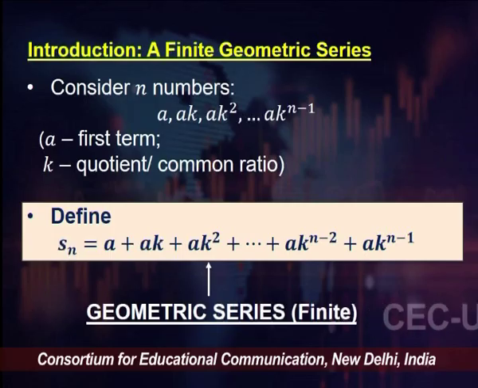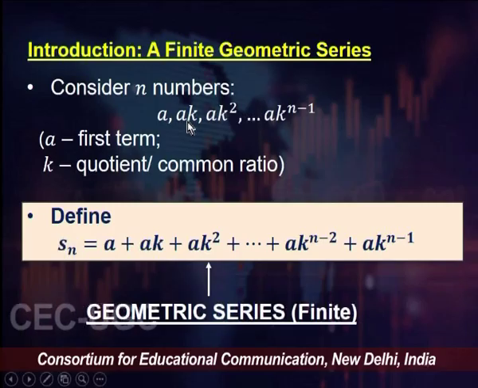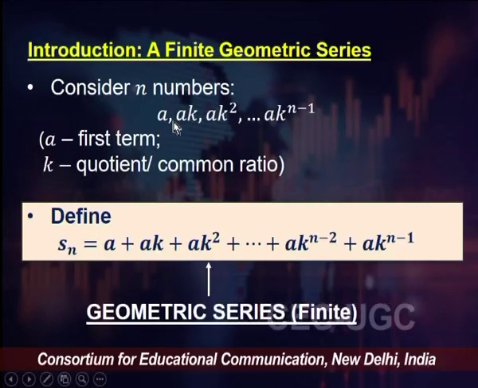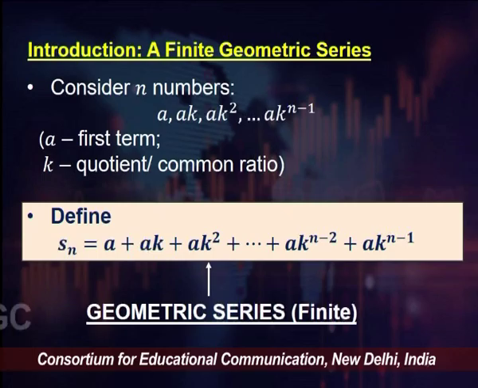So, k is a constant, and if you notice here, if I were to divide any number after the first one by the previous number, then that ratio is going to be a constant, which is k. So, if I take ak divided by a, that's going to be k, or ak squared divided by ak, that's also going to be k.